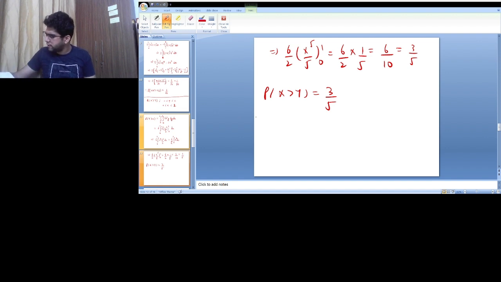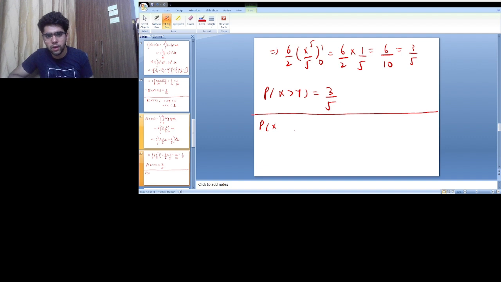Now we need to find the probability of, the next part says, find the probability of x less than 1 conditional on y less than 2, right?